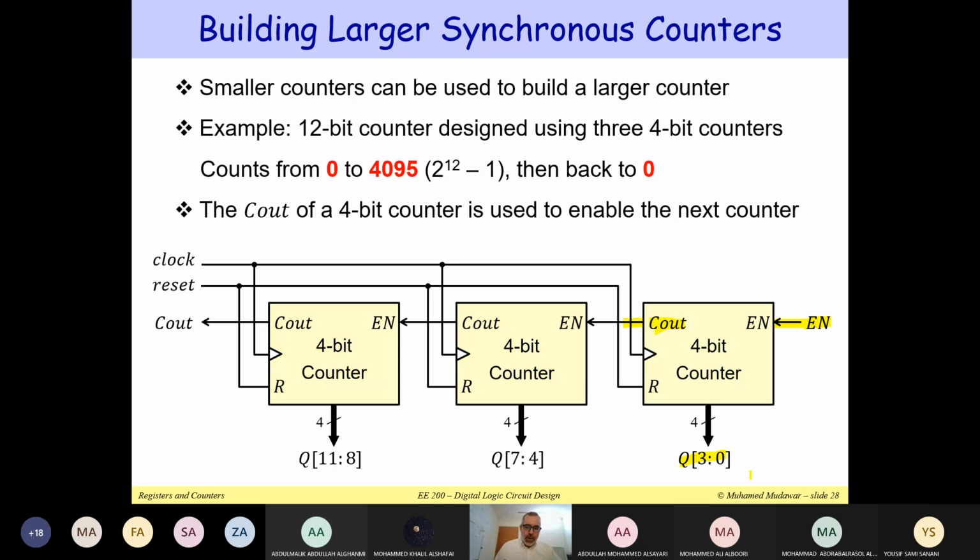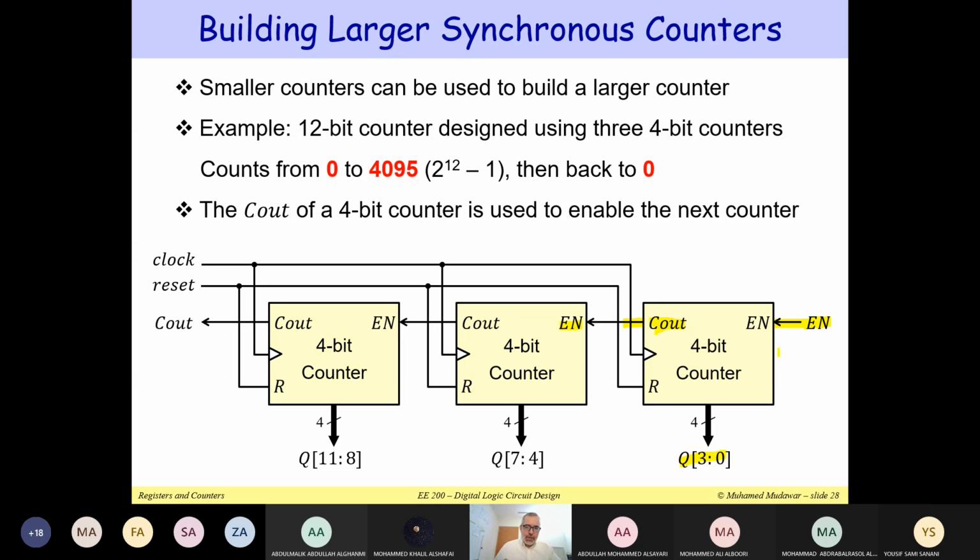So when you get 1 1 1 1 and it is enabled, this is the moment when you get C out equal to 1. All the carries are equal to 1 and it is enabled, which produces C out equal to 1. This is when you would like to enable the next 4-bit counter. Otherwise, you would like to disable it.